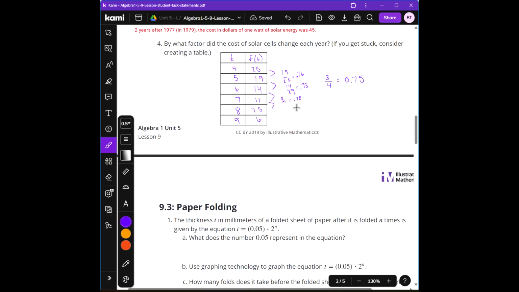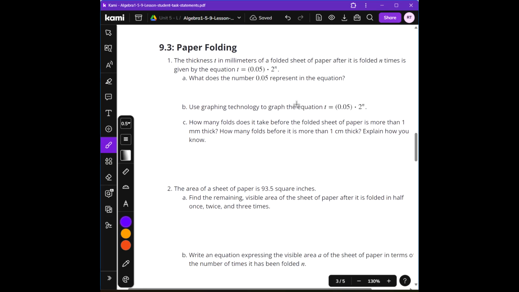Okay, let's look at the next one. The thickness in millimeters of a folded sheet of paper after it is folded n times is given by the equation T equals 0.05 times 2 to the nth. So what does the number 0.05 represent in this situation?